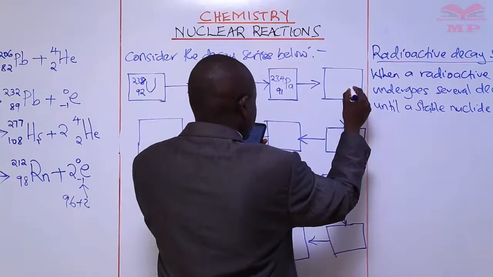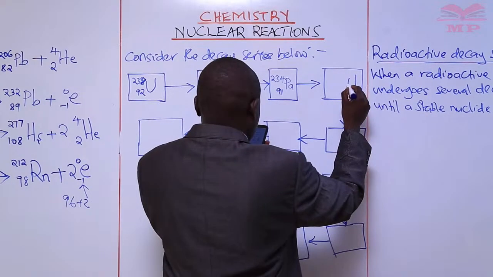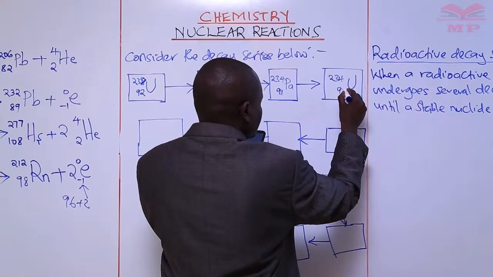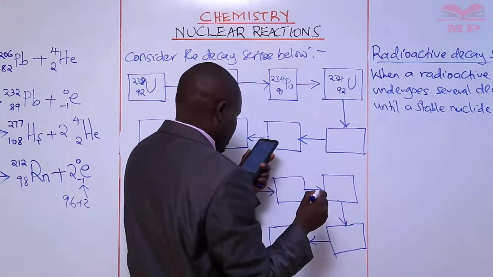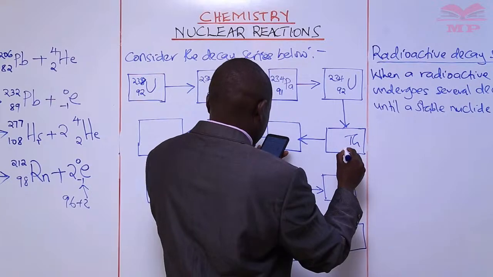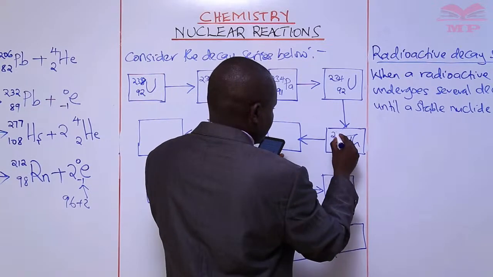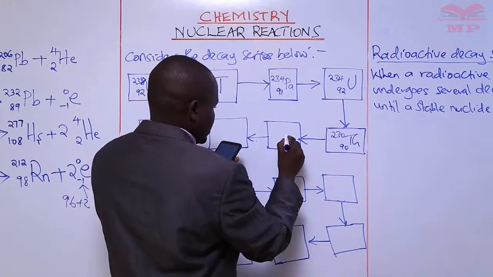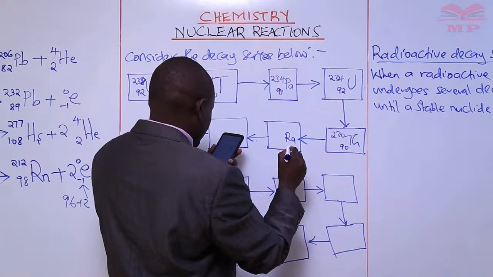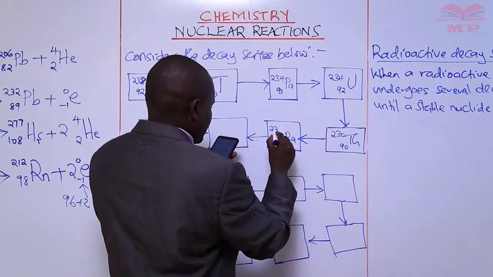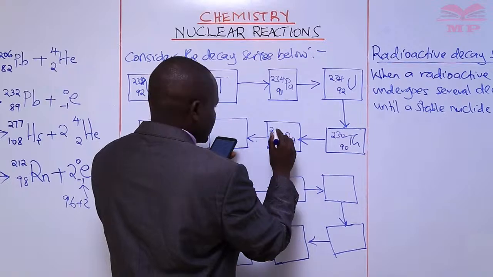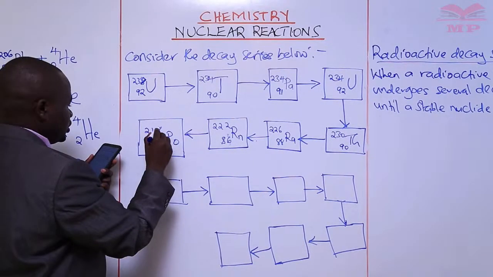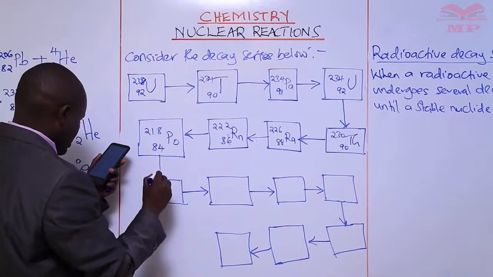It undergoes further decay to produce a new one, mass number 234, atomic number 92. This one also undergoes further decay to produce another one, mass number 230, atomic number 90. It undergoes decay once again to produce a new one, mass number 226. Then a new one, mass number 218, atomic number 84.